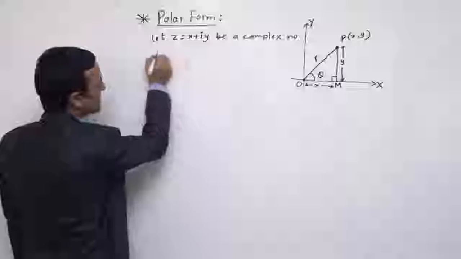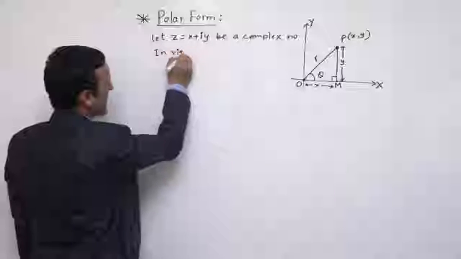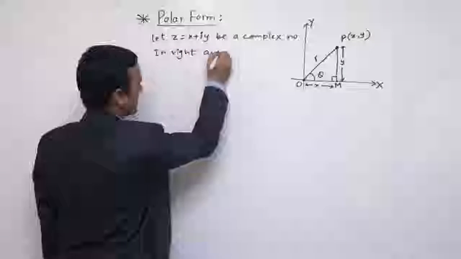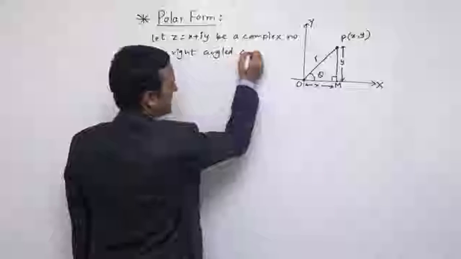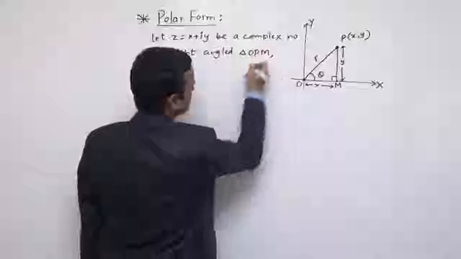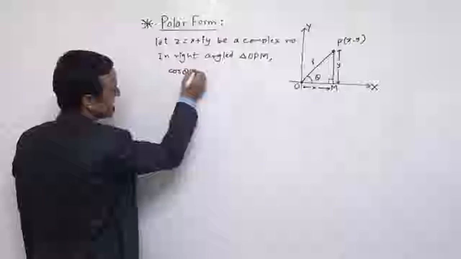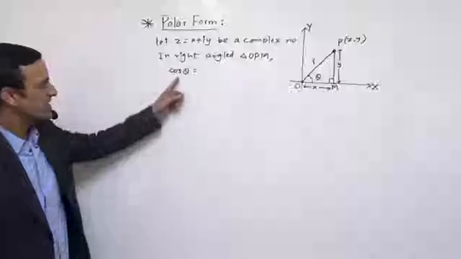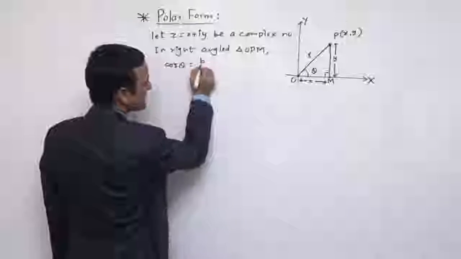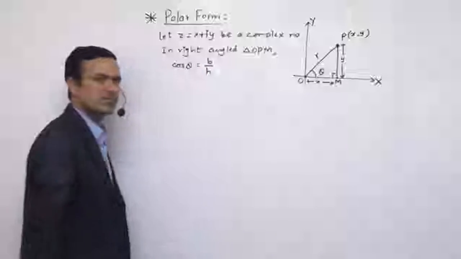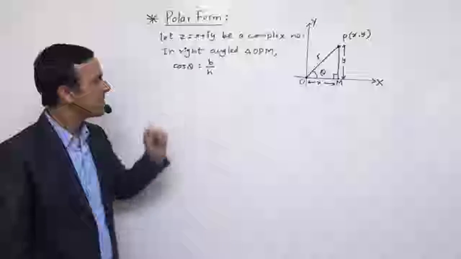So in this right angled triangle OPM, we can find out the value of cos theta. Cos theta is equal to base by hypotenuse. It is the formula of cos theta.